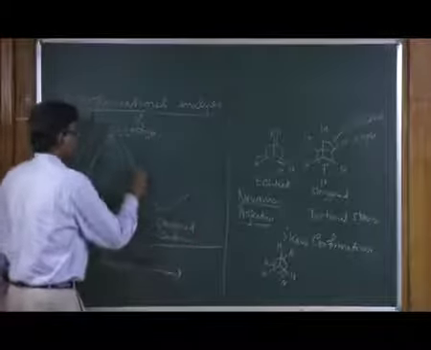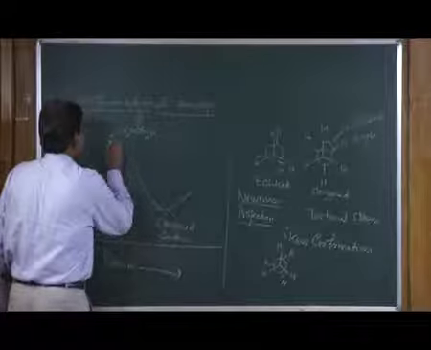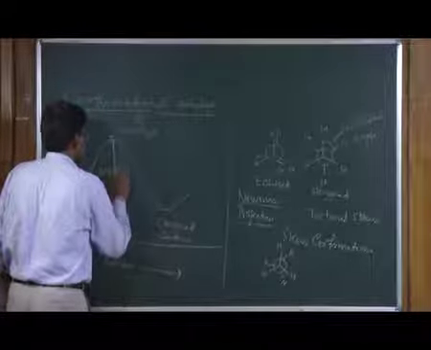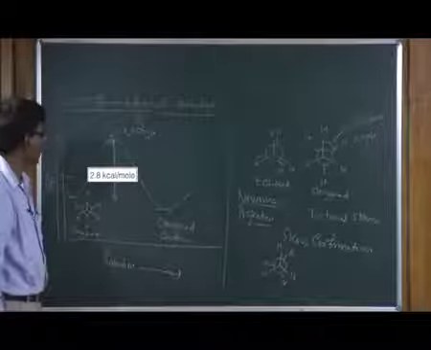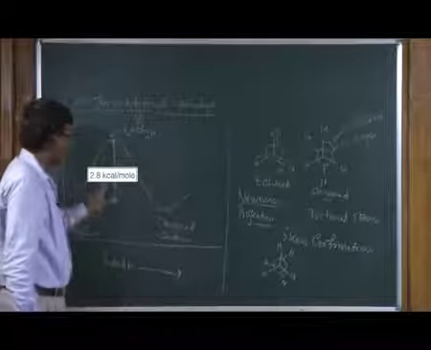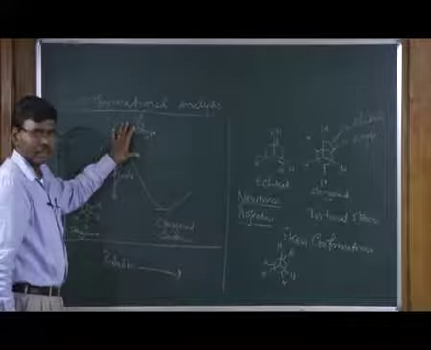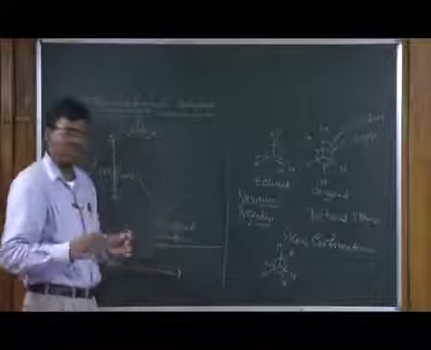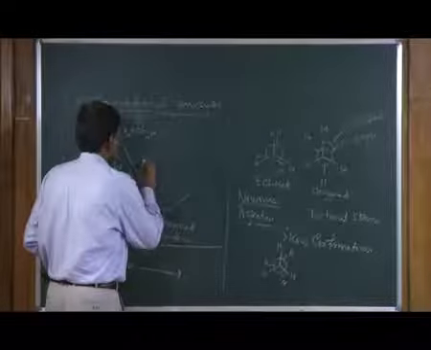In between, whatever the energy is, the gap between these two is about 2.8 kilocalories per mole. In other words, the staggered conformation is about 2.8 kilocalories more stable than the eclipsed one. And whatever conformations we have in between are called skew conformations.